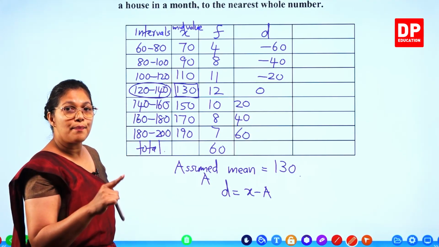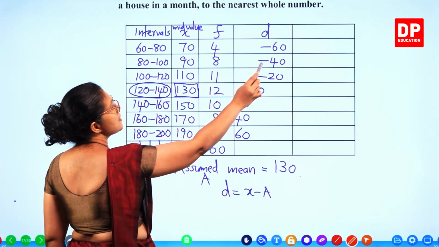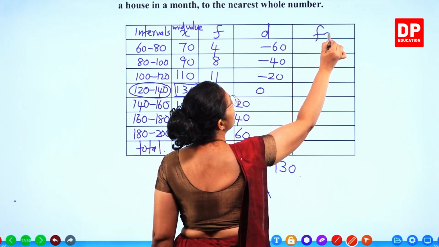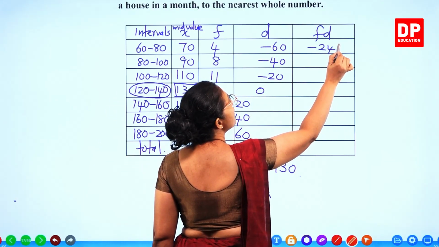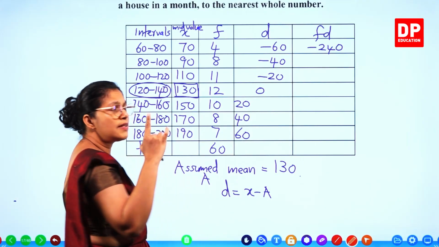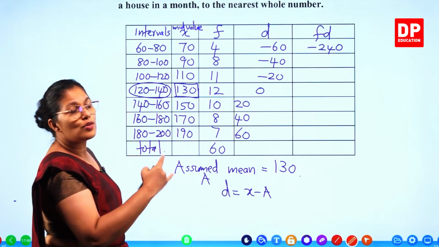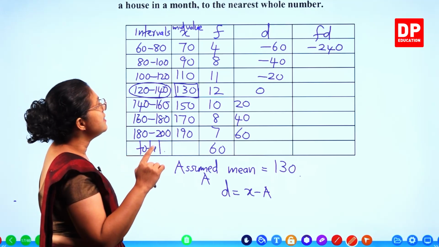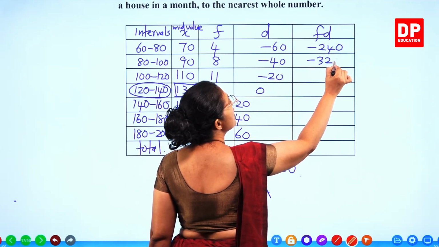Now what's the next step? Multiply f and d, these two columns. 4 times minus 60, minus 240. Write all the negative values to the right and positive values to the left so that you can easily add separately. 8 times minus 40, minus 320.